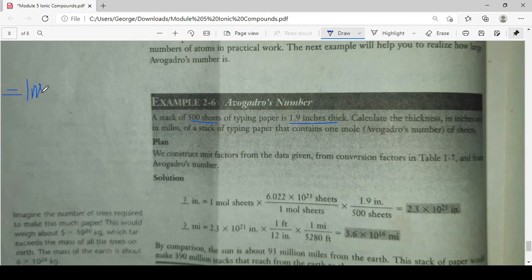So 1 mole of sheets is equal to 6.022 times 10 raised to 23. Again, it is constant that for every 1 mole of each substance, you have 6.022 times 10 to the 23. This is how we solve for your Avogadro's number. It is always equal to 1 mole of your substance, and in this case, your sheets.